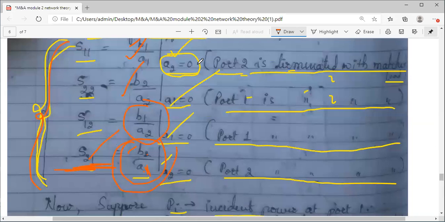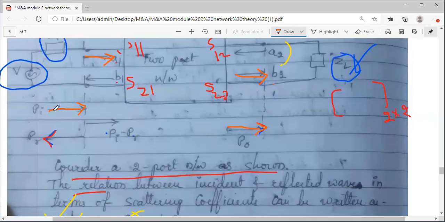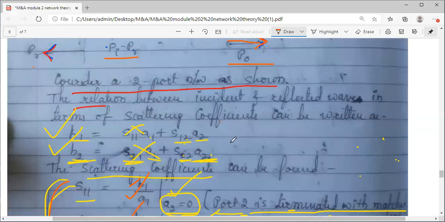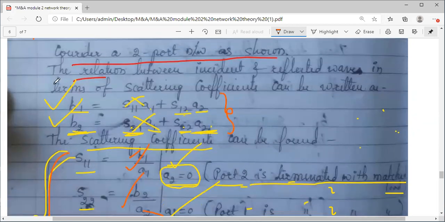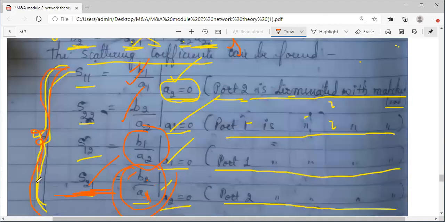We took the two-port network. We defined what are A's and B's for a two-port network. Then we have indicated some powers, input power, reflected power, transmitted power, and output power. Then we have taken S matrix for equations, pair of equations for S matrix or S parameters. From these S parameter equations, we have found S11, S12, S21, S22.